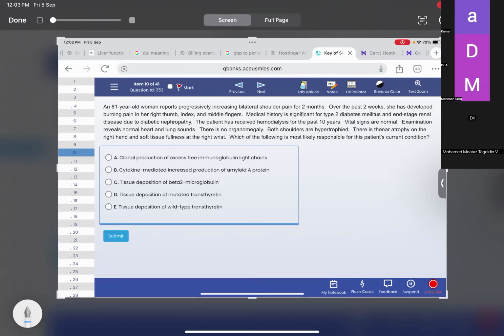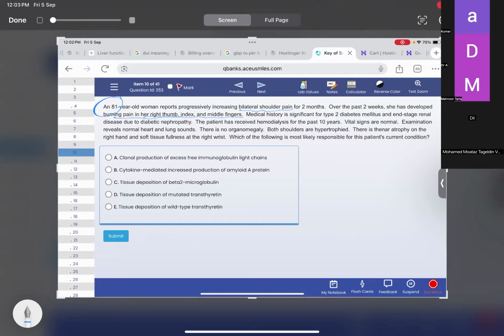Yeah, so what do we have? This is diabetic nephrosclerosis. We have an 81-year-old with bilateral shoulder pain, so some musculoskeletal signs and symptoms, maybe due to age, and burning pain in the right thumb. We will discuss that in MSK, okay?